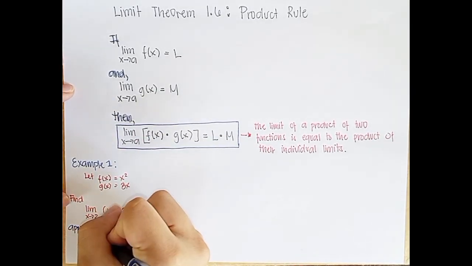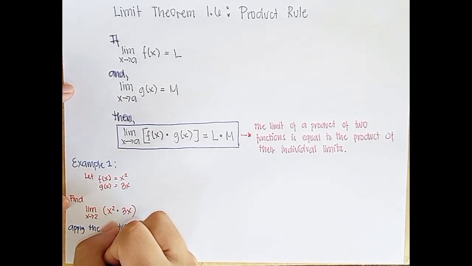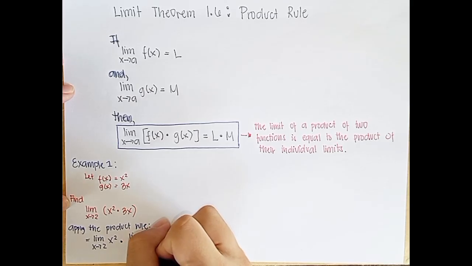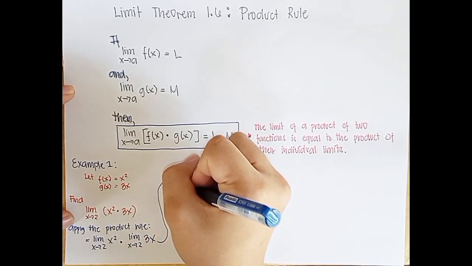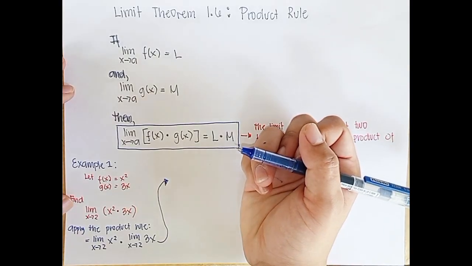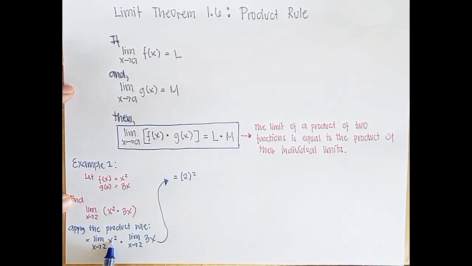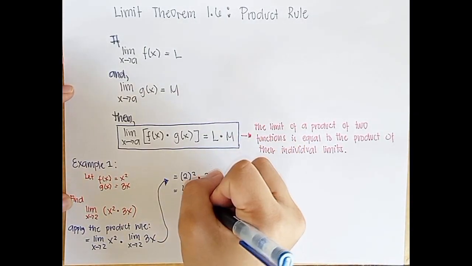First, let's apply the product rule theorem. So it is equal to the limit as x approaches 2 of x squared times the limit as x approaches 2 of 3x. Applying substitution for x, since it is x squared, this becomes 2 squared times 3 multiplied by 2.